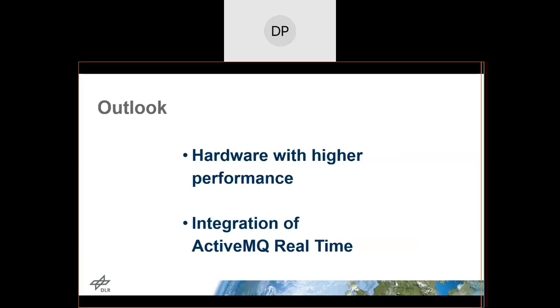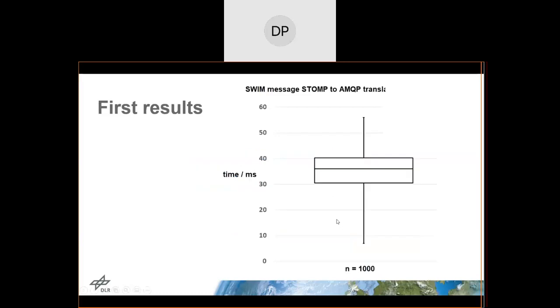So better performance hardware with a better performance message broker. We think that this will go down to about 20 milliseconds, and therefore fulfill the requirement of getting 50 updates per second for this position message.